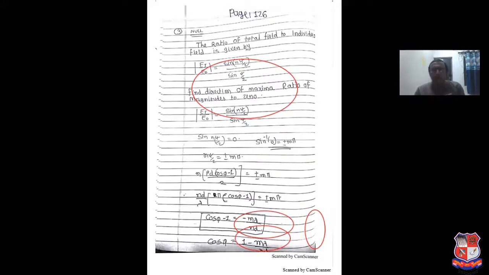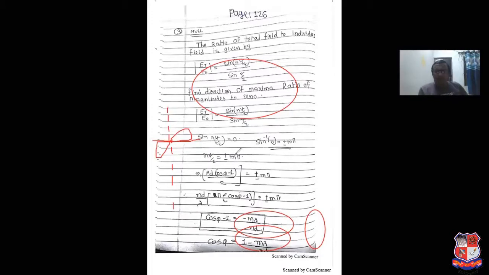Now null means what? I again repeat that point. Null means what? See this, for end fire array, radiation can be like that. So it is indicated as null, meaning it is known as 0-degree radiation. So sin n psi by 2 divided by sin psi by 2. So n psi by 2 equal to plus or minus m pi.